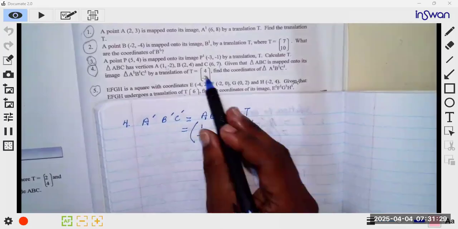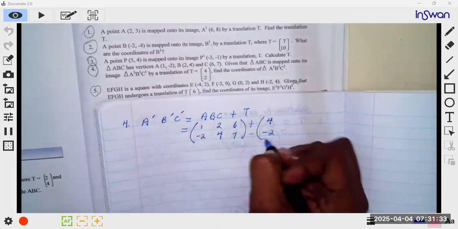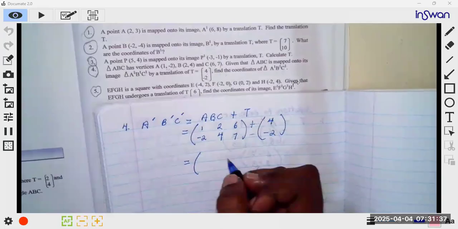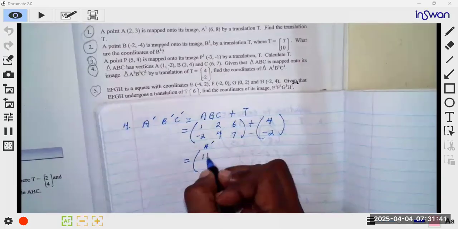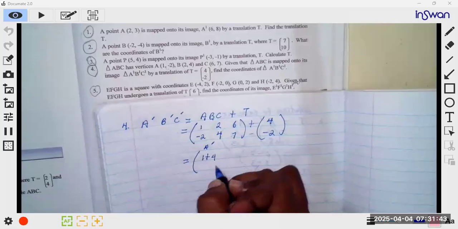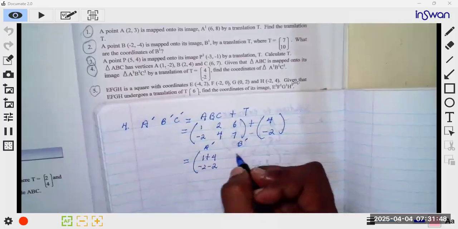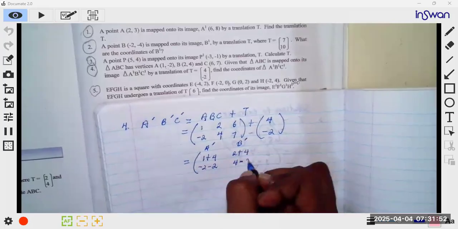Plus the translation vector 4, -2. So this will be equal to A prime: 1 plus 4 and -2 minus 2. B prime: 2 plus 4 and 4 take away 2.